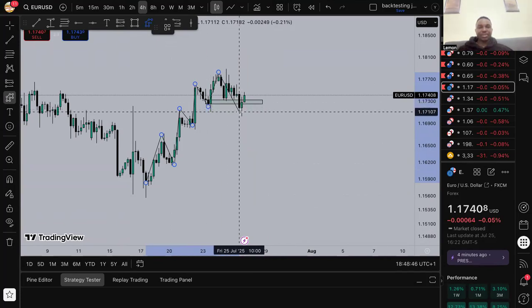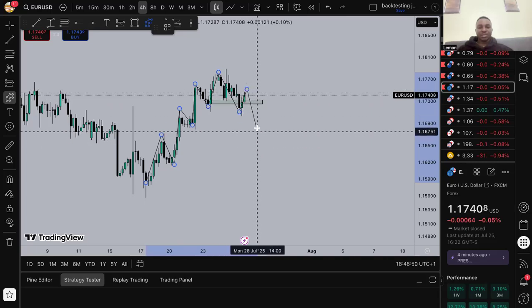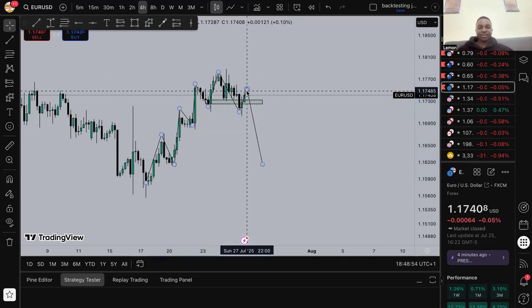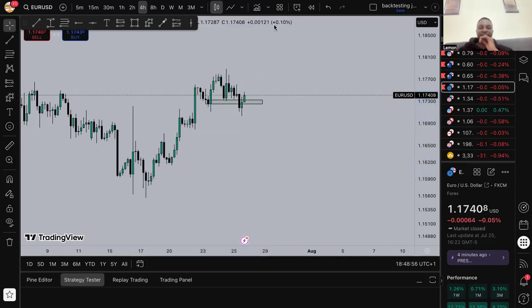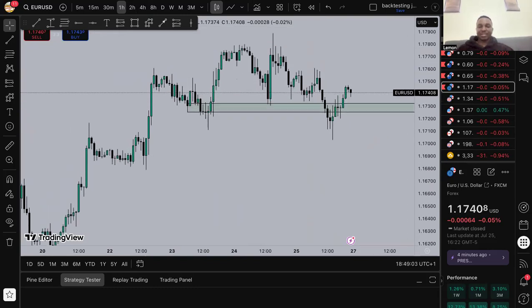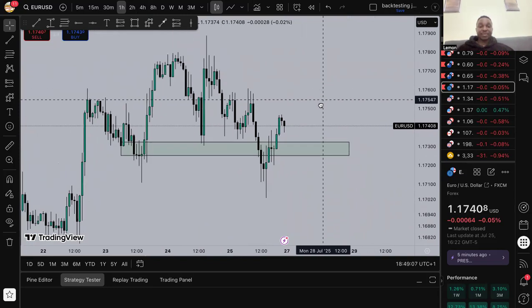It all depends on what we are going to see on our H1 to know if we're taking this sell down. You get me? So to know if we are going to see that uptrend or it's a fake breakout, we're going to see that from our H1.